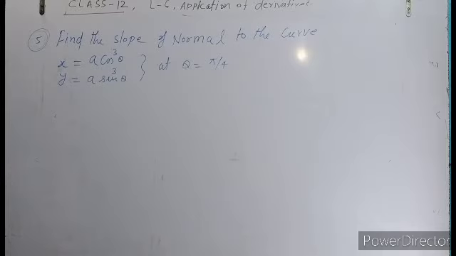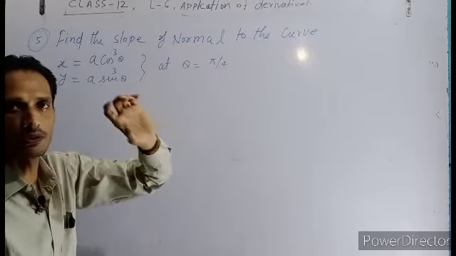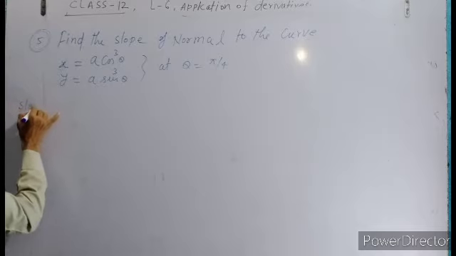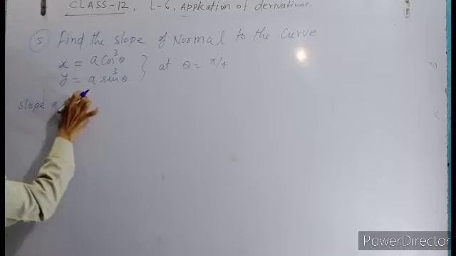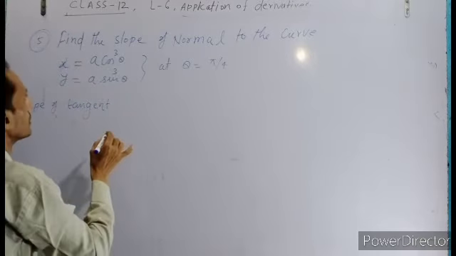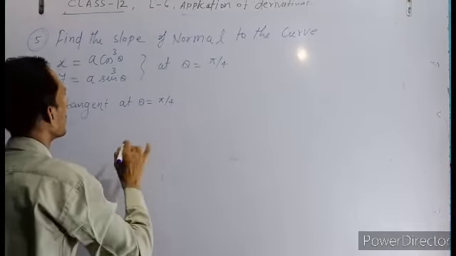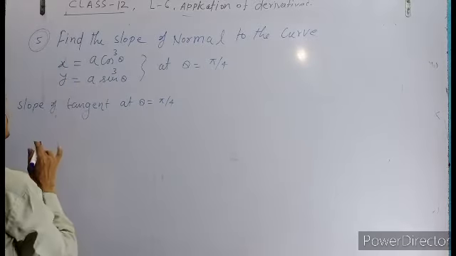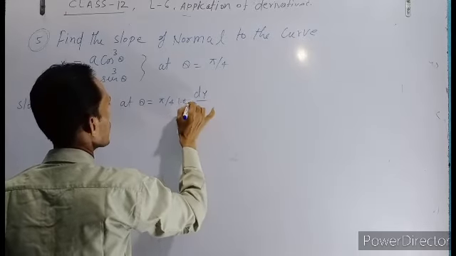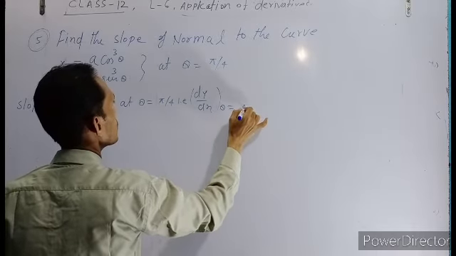You know that first we find out the slope of tangent, then you can find out the slope of normal. The slope of tangent at theta equal to pi by 4 is given by dy by dx at theta equal to pi by 4.